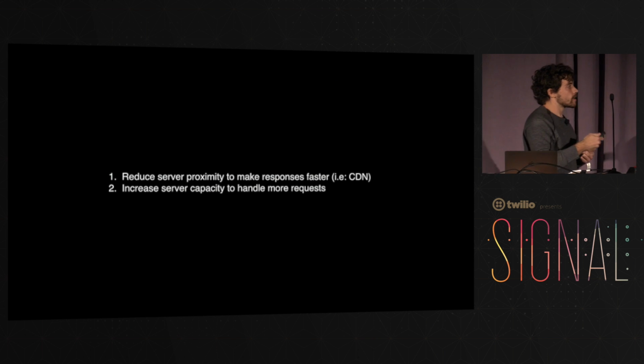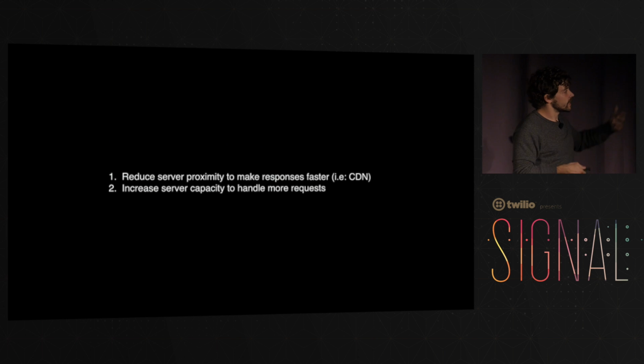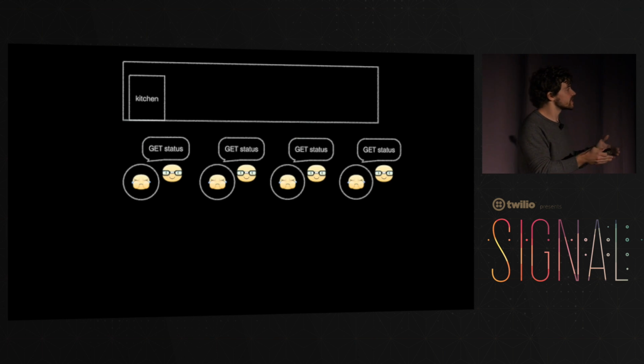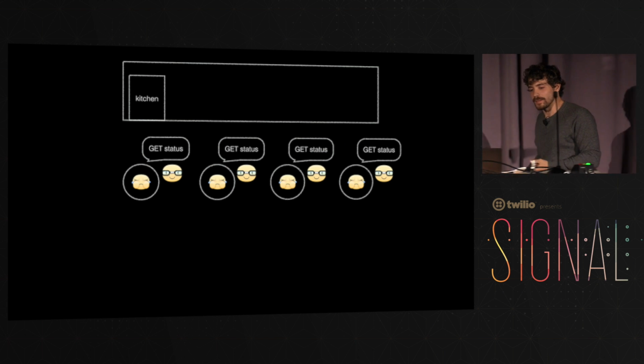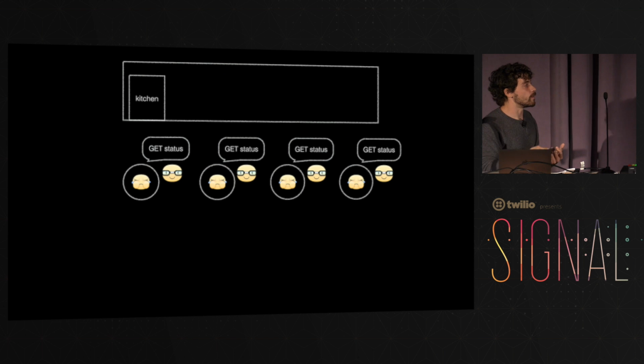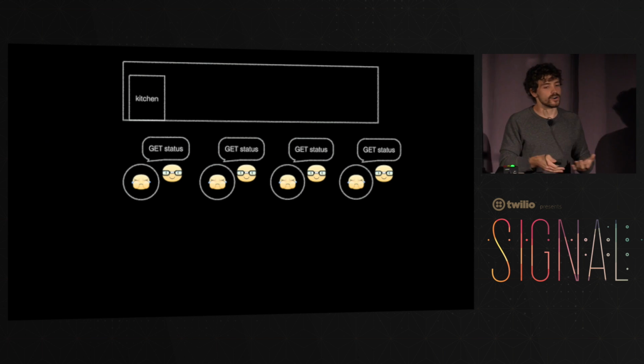Or, in order to avoid server congestion, we can also increase the server capacity. So we're also addressing our second problem, which is if we have a lot of people asking, we have a lot of nodes in their proximity. This is the most traditional and most effective workaround that there is.